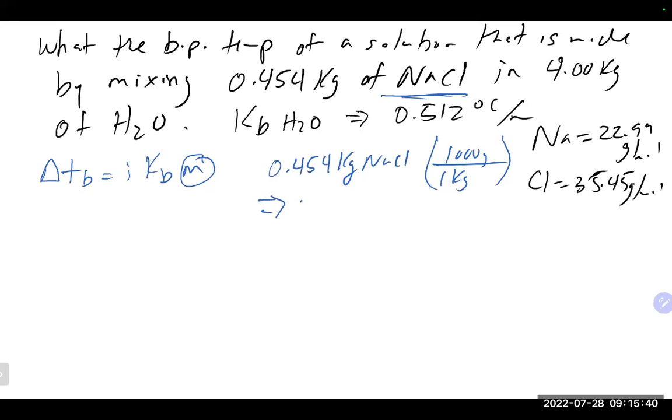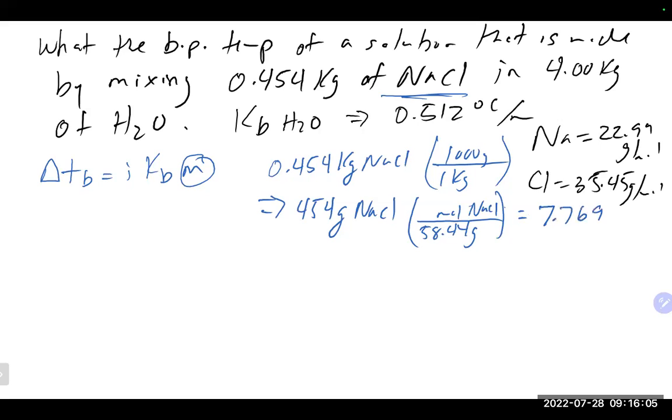That's going to give us 454 grams of sodium chloride. We'll divide that by the molar mass of sodium chloride, 58.44, and that will get us 7.769 moles of sodium chloride.